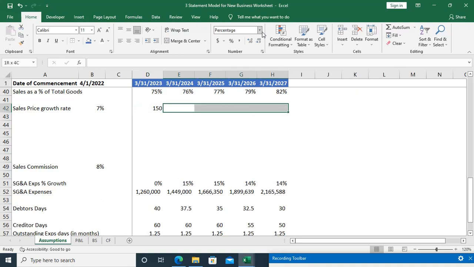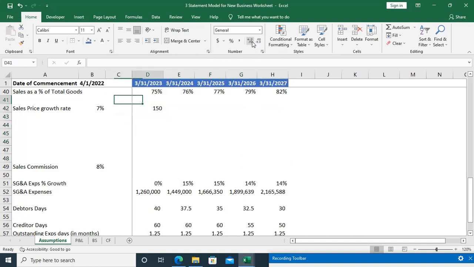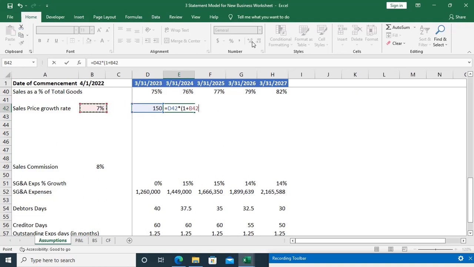Okay, these were all in percentages, I guess. So 150. Then next year, what should it have been? It should have been 150 into 1 plus 7%.